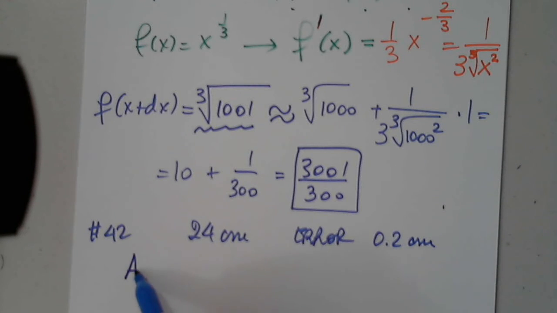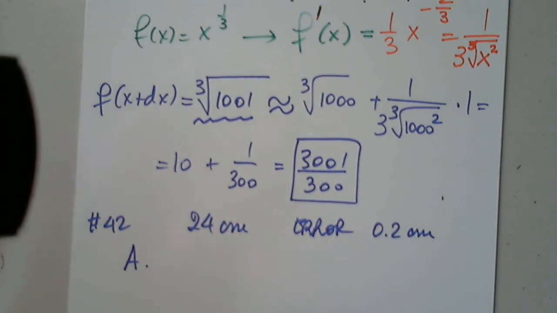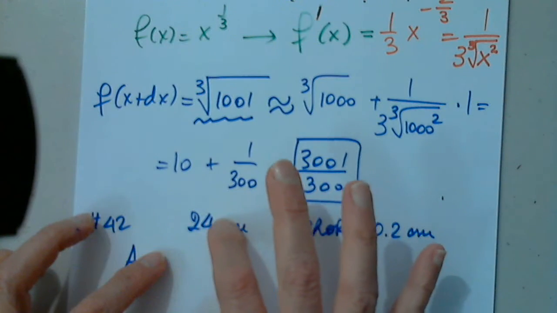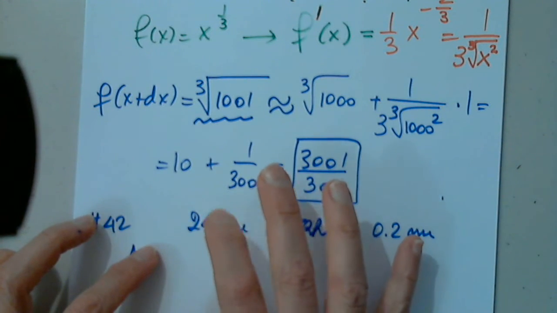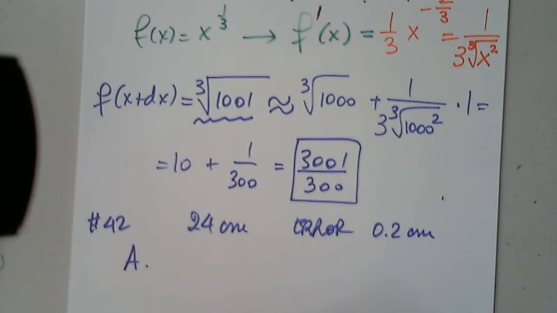So let's talk about this. As you know, every time we look at the word problem, we have to dissect everything. What is this? What is the 24? Is that the function?